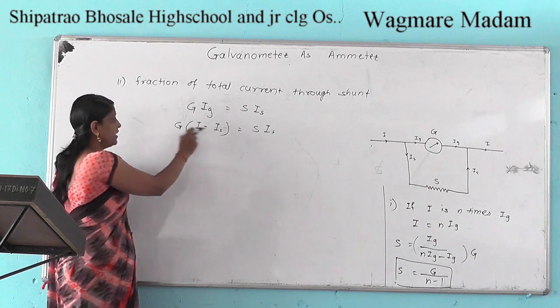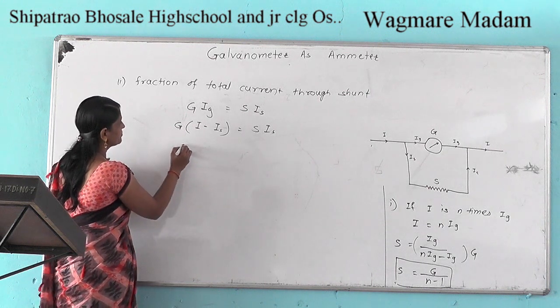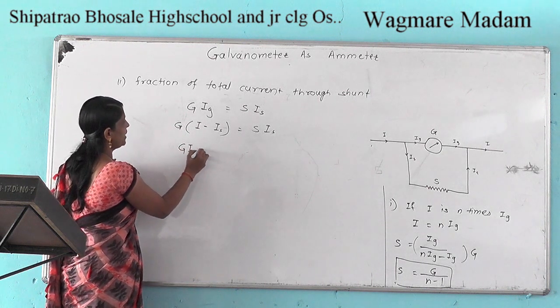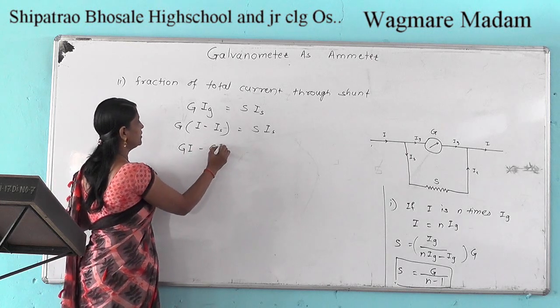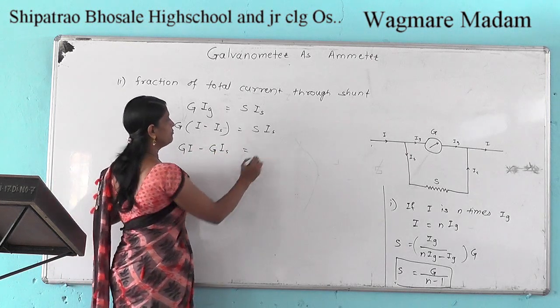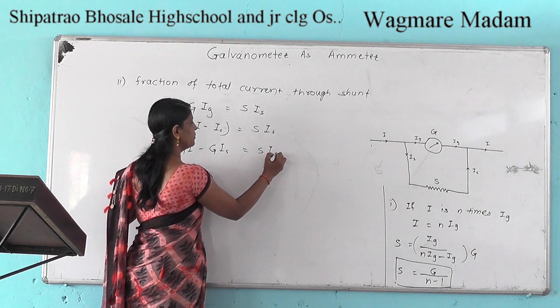Multiply by G: G into I minus G into Is is equal to S into Is.